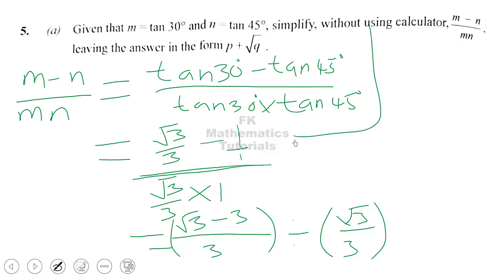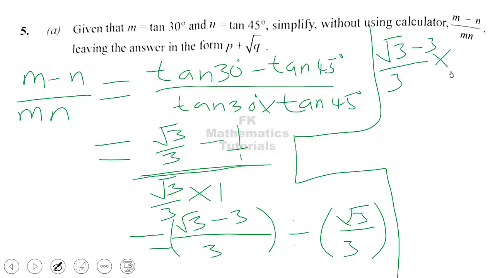Now I can multiply by the reciprocal of this. So I'll get root 3 minus 3 over 3 times 3 over root 3. So the 3's will cancel out. We are left with root 3 minus 3 all over root 3.